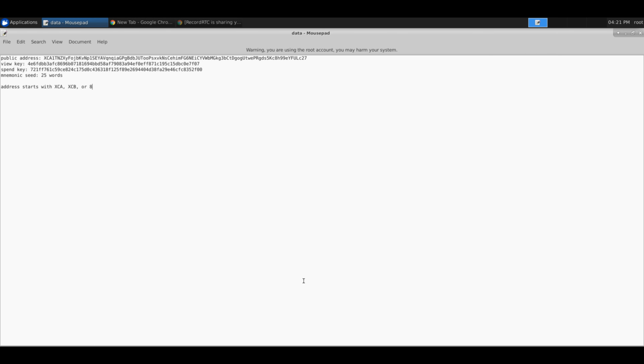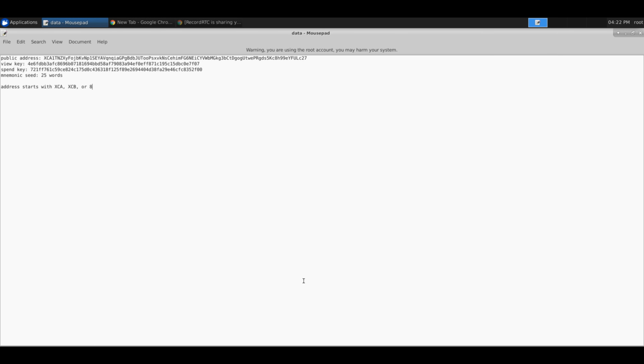So literally, if you want to write an equation, XCB would equal XCA plus encrypted payment ID.